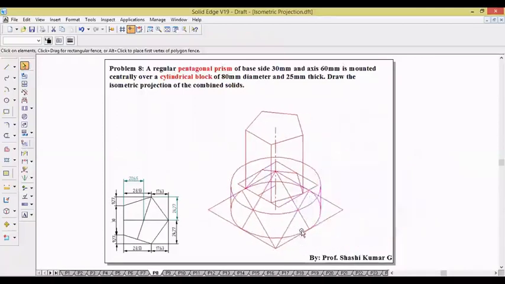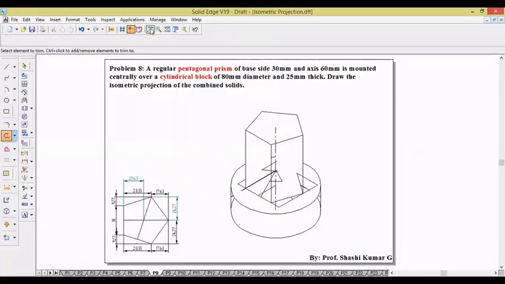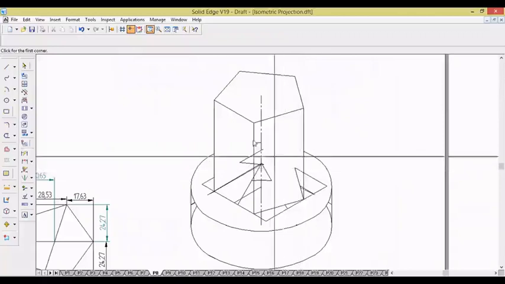So in this diagram, we need to trim off the unwanted lines, the invisible edges. These are going to be invisible edges, construction lines and invisible edges we need to remove. You can make use of the zoom command to trim the unwanted edges.